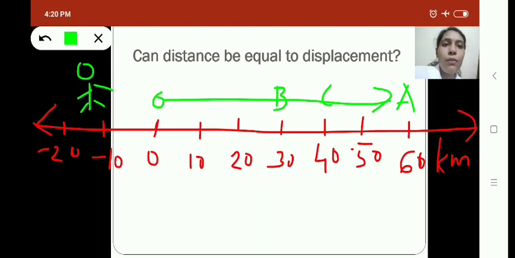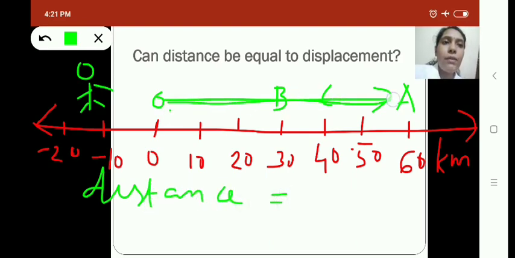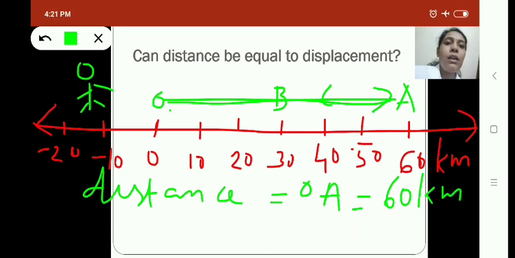So in this journey, what is the final point? A, and the initial point is O. Now here, first find out the distance traveled by Ramu. This is the total distance traveled by Ramu, OA. And OA is 60 kilometer, right? Next, what is the displacement in this journey?